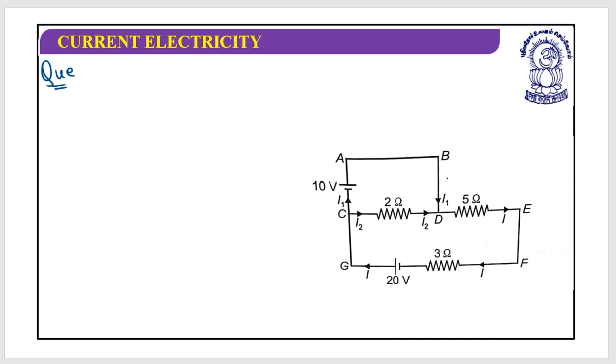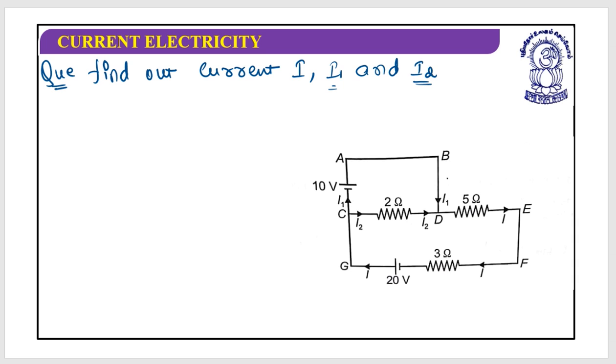Look at the diagram first. Let's suppose I have been given that we need to find out the currents I1 and I2.